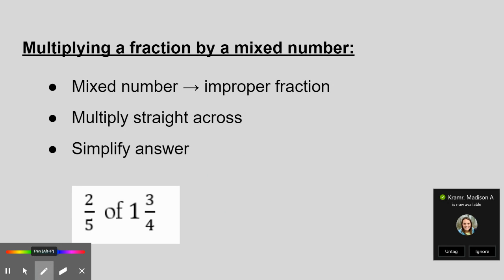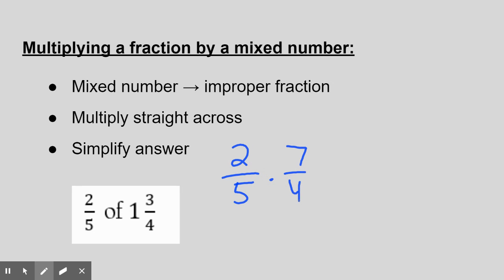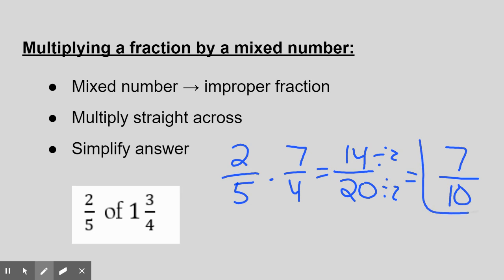So I'm going to go ahead and rewrite this. 2/5 times 7/4. Now I can multiply straight across, so that would be 14 over 20. I need to simplify this. 2 is a common factor. And I get 7 over 10 as my final answer.